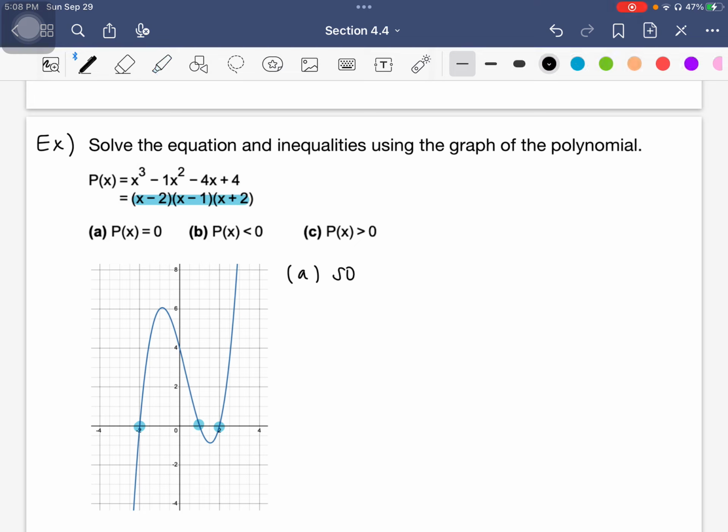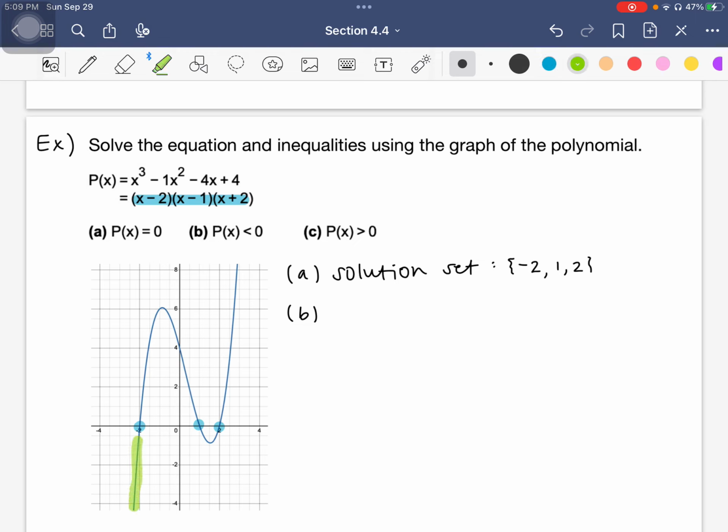So for A, our solution set will be minus 2, 1, and 2. Now for B, we want to figure out when our polynomial function is going to be less than 0, so when it's going to be negative. We know all of our output values are going to be negative when we're below our x-axis.